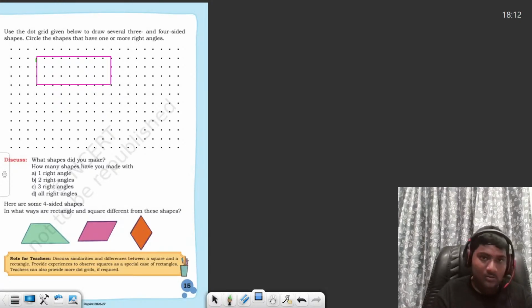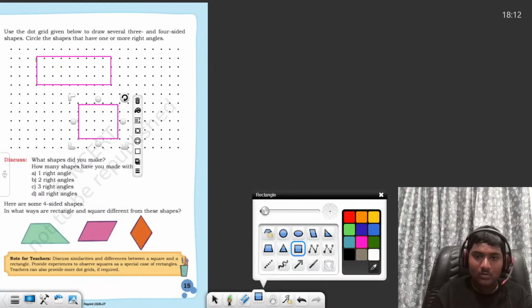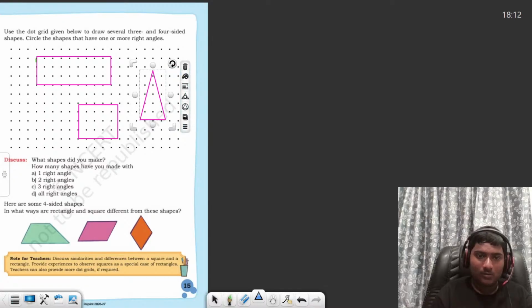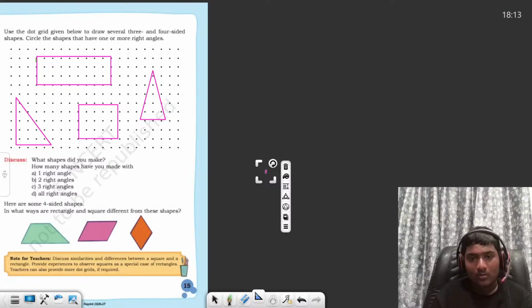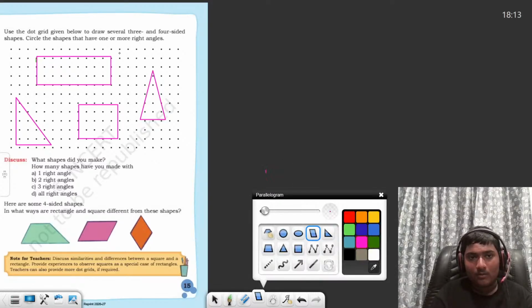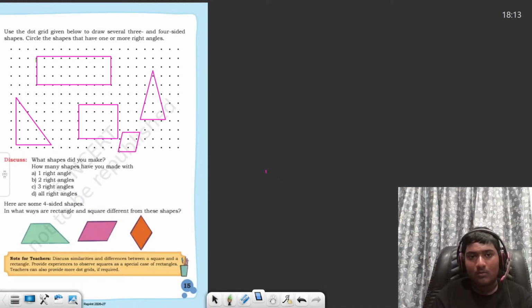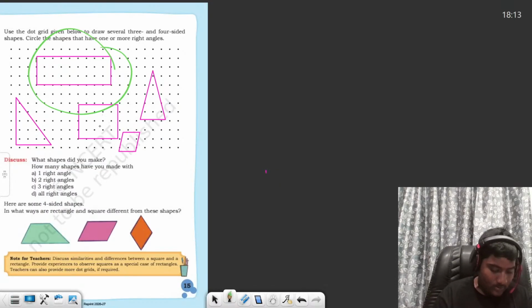Draw a triangle, draw a square, rectangle, circle.